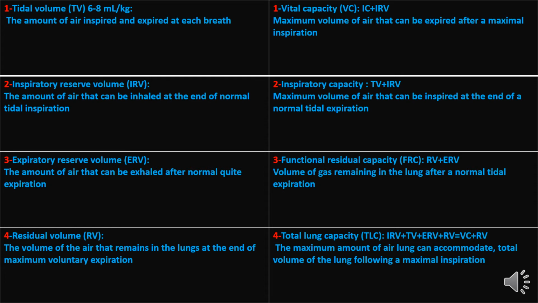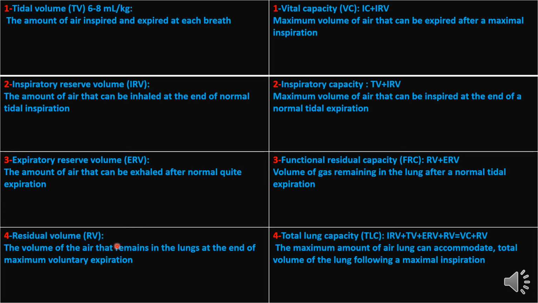Whatever capacity inside your lung when you inspire, after the tidal volume you inspired, that is called the inspiratory capacity, which is the maximum volume of air that can be inspired at the end of the normal tidal expiration. So that is the inspiratory capacity.